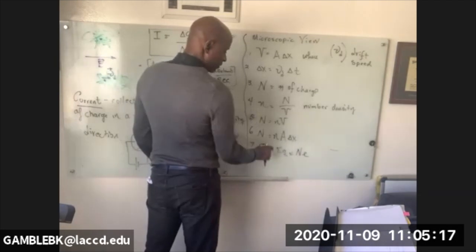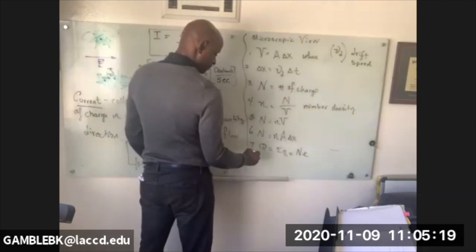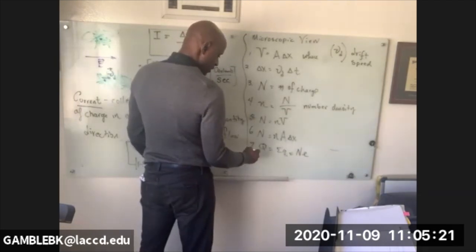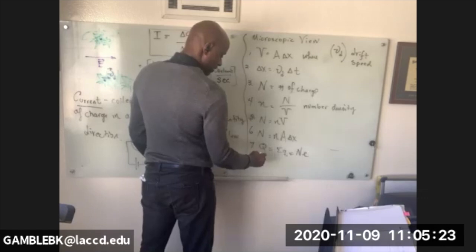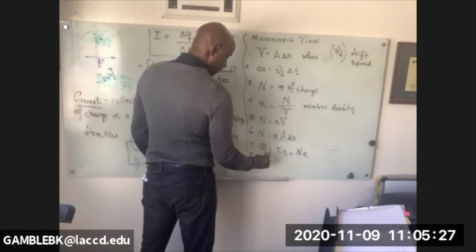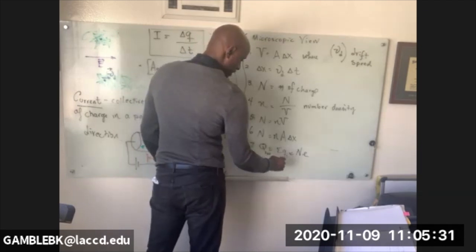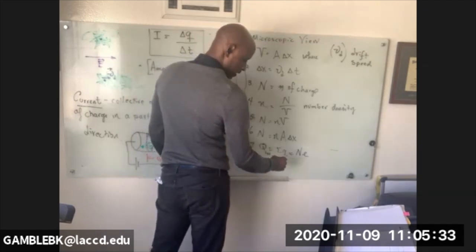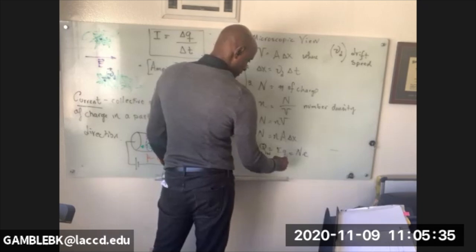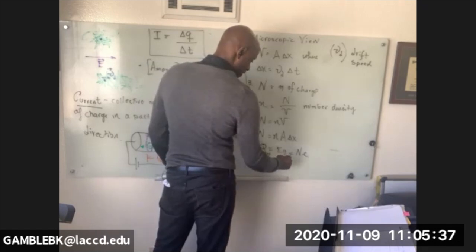But N is equal to equation 6. So the total charge, call that total, within the volume is going to be the number density times the cross-section area times the delta X times the elemental unit of charge.